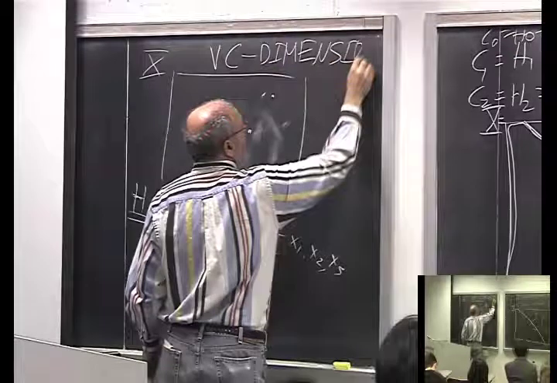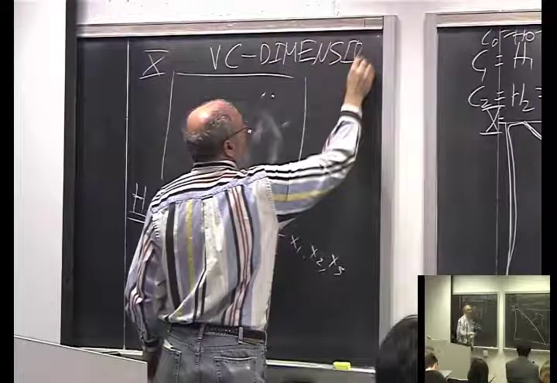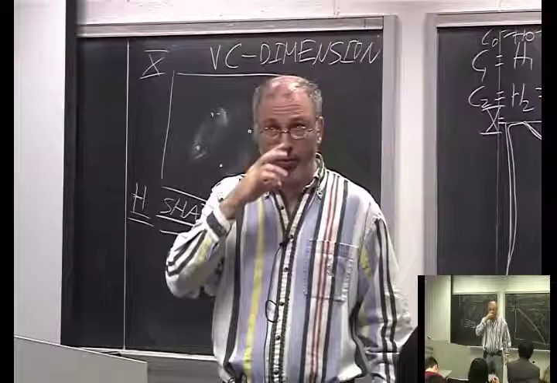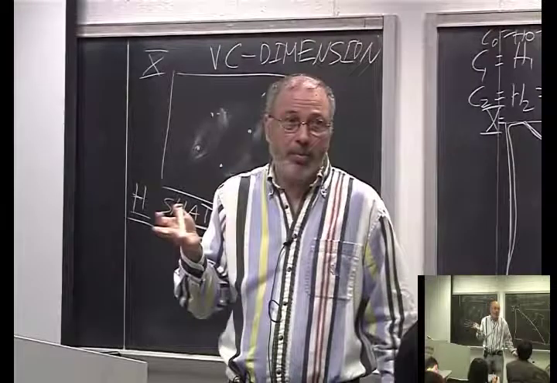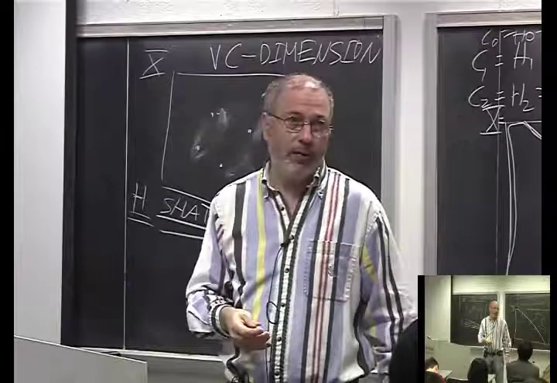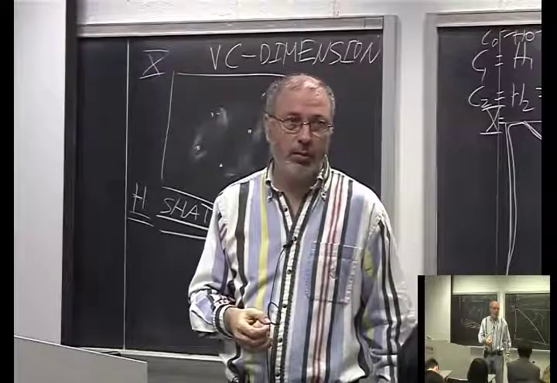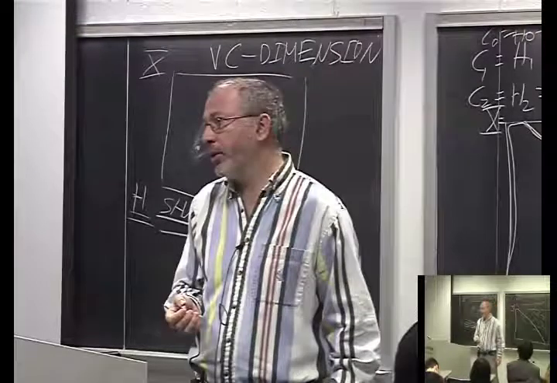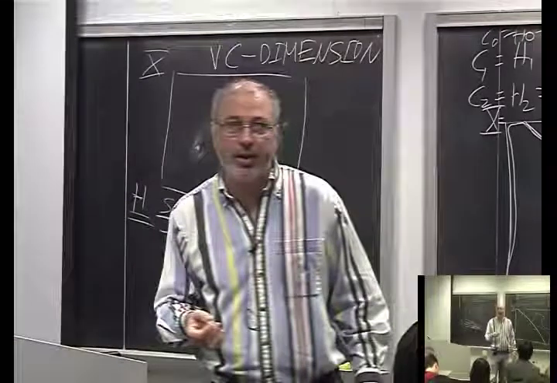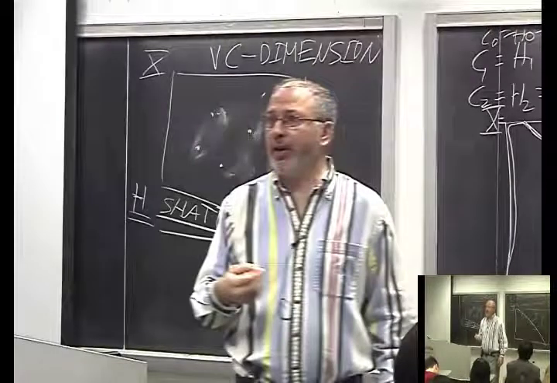And it is a measure of the richness or discriminative power of H. It is one measure. There are many other ways of measuring things, but it is one particular measure that will prove useful for bounding sample complexity. The VC dimension of H is defined as the size of the largest set of inputs that H can shatter.